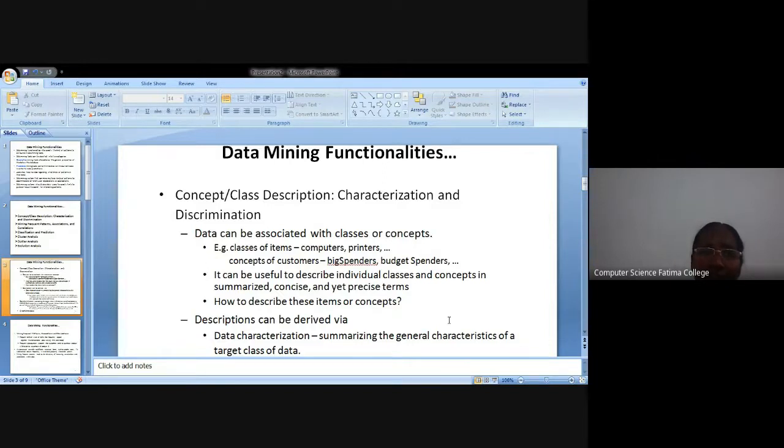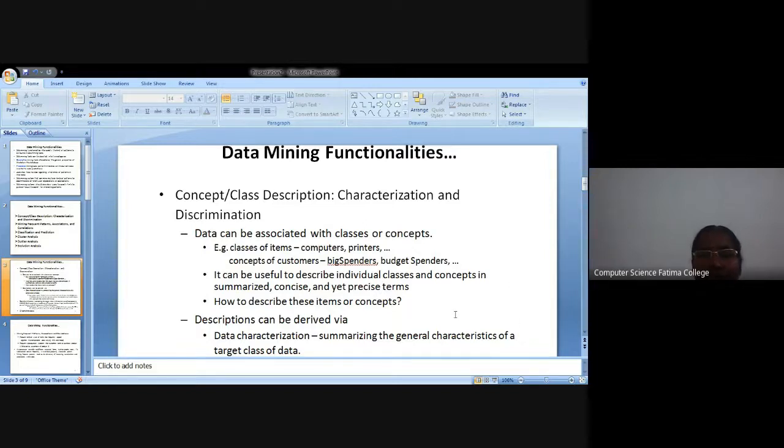The concept of customers, whether he is a big spender or a budget spender, is the concept of customers. So it could be useful to describe the individual classes and concepts in a summarized form. Using this initial step of class and concept description, we get an idea of how to represent the characterization and discrimination of targeted classes.